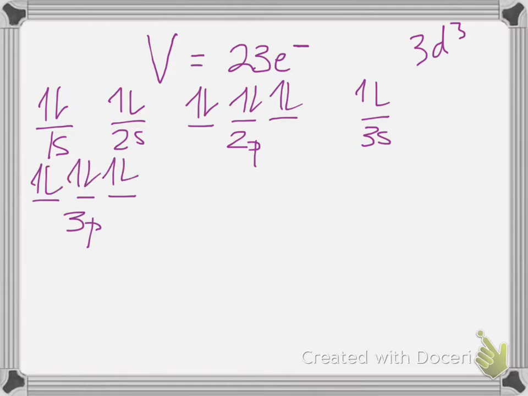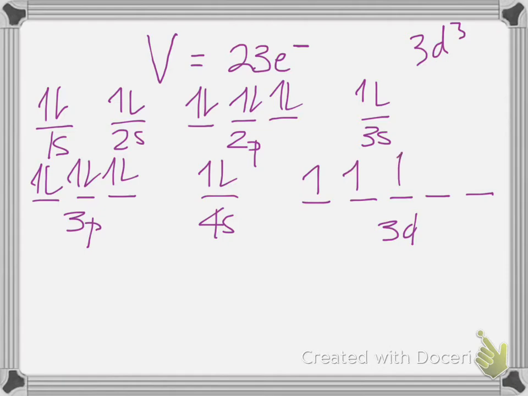And then after 3p comes 4s, up and down. And then comes 3d. How many lines do I draw for a d orbital? 5 orientations. 1, 2, 3, 4, and 5. So this is 3d. It requires less energy to fill the 4s. That's why we fill it first, and then we go to the 3d's. And then 3d3, so we say up, up, and up.